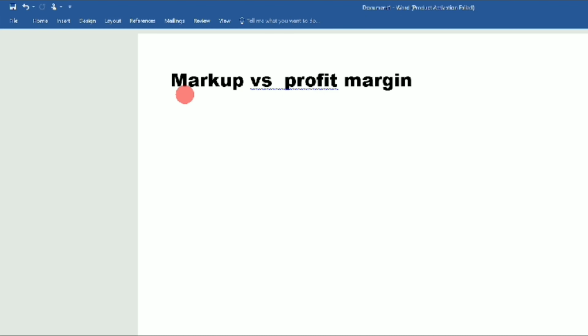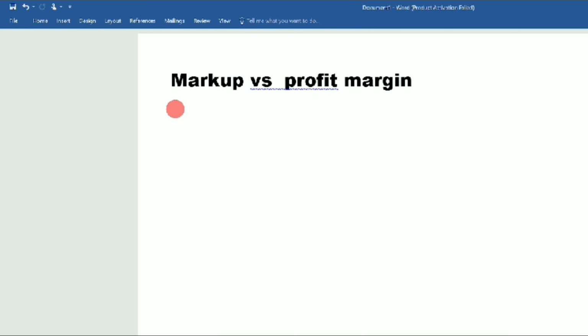And definitely, these have made a lot of investors invest wrongly. Now, this particular calculation in markup versus profit margin is meant for small scale and medium scale businesses.